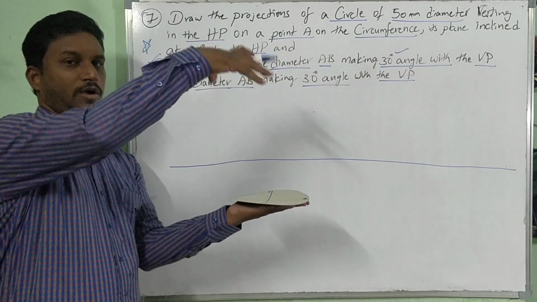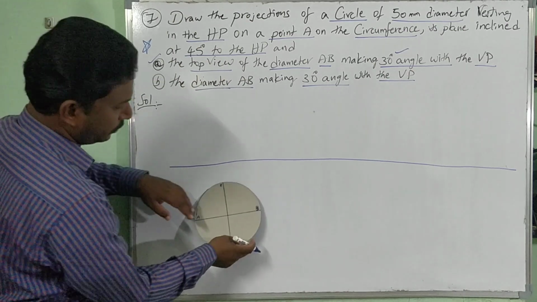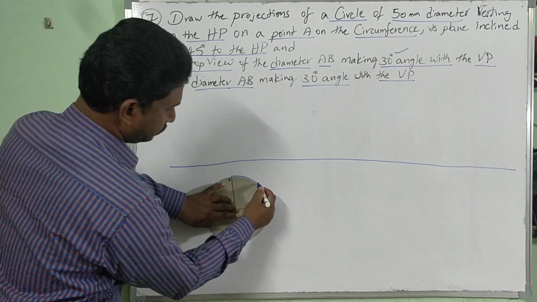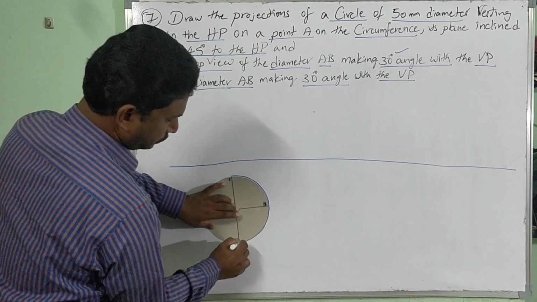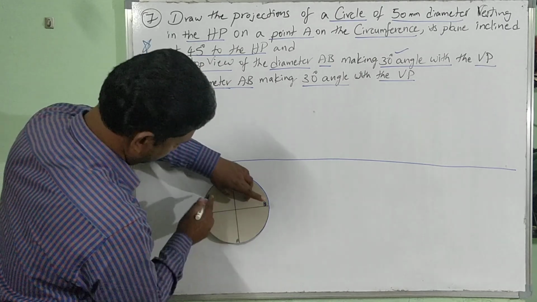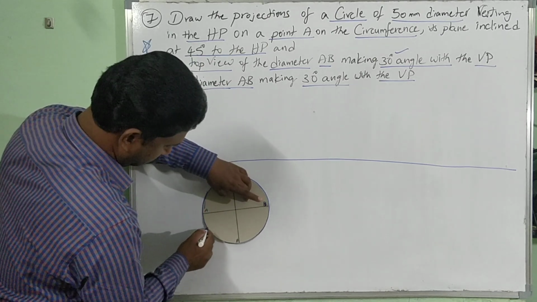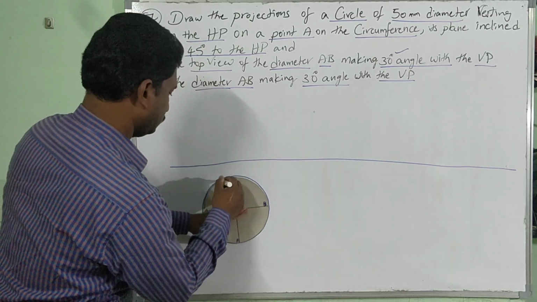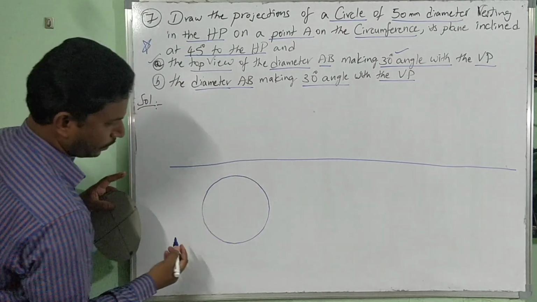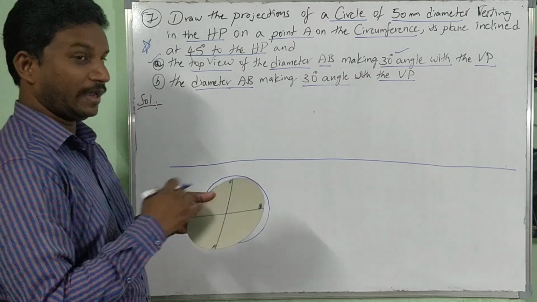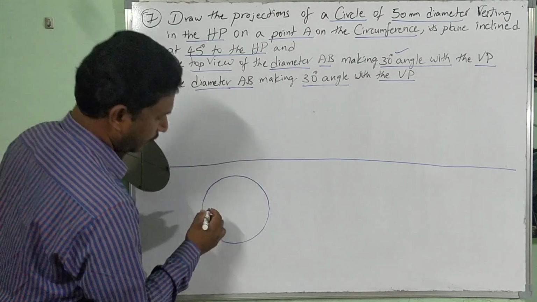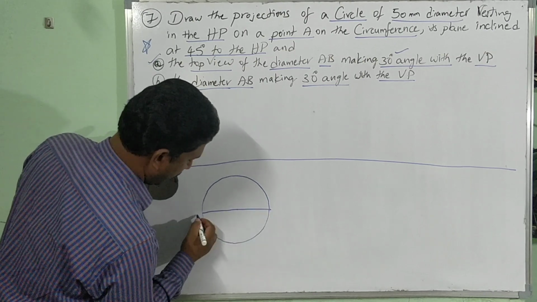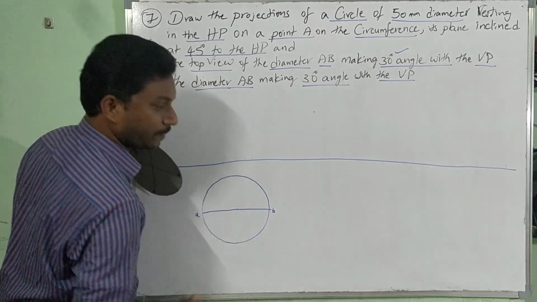As I said, the top view will look like a circle. I am using the same circle. Diameter AB, as per this circle center, the diameter should be top view AB.